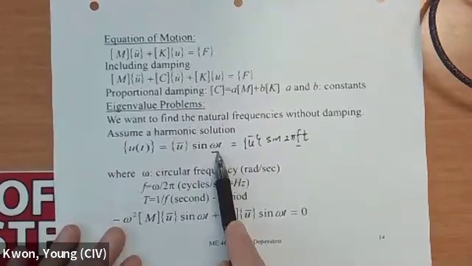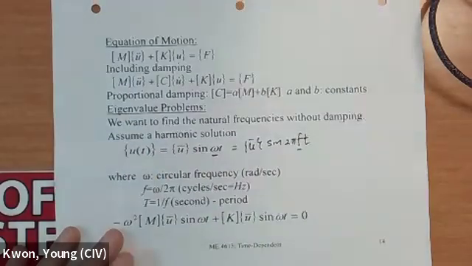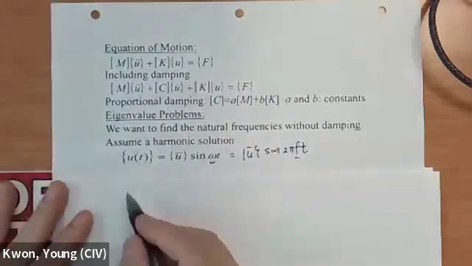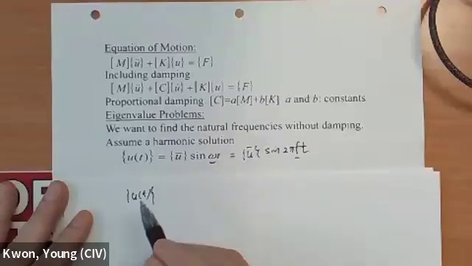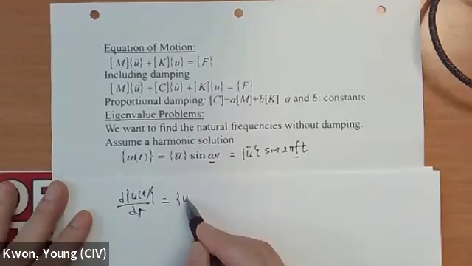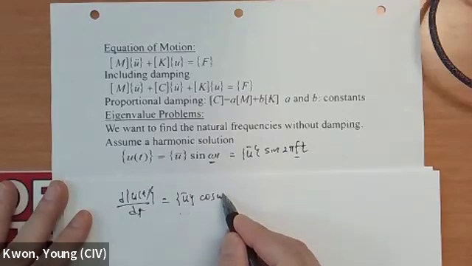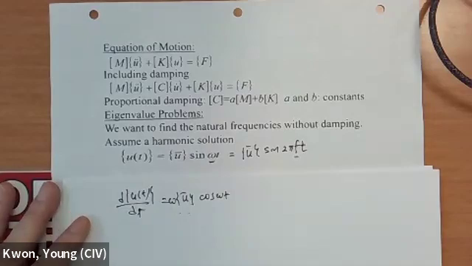Then what we do is substitute this into the equation of motion. It's very simple. If you take the derivative of u with respect to t, this magnitude is constant, not a function of time, so it just remains here. Sine becomes cosine omega t, and omega comes out from the chain rule.